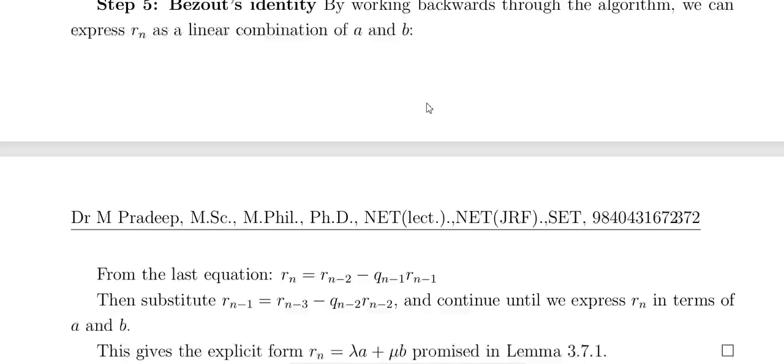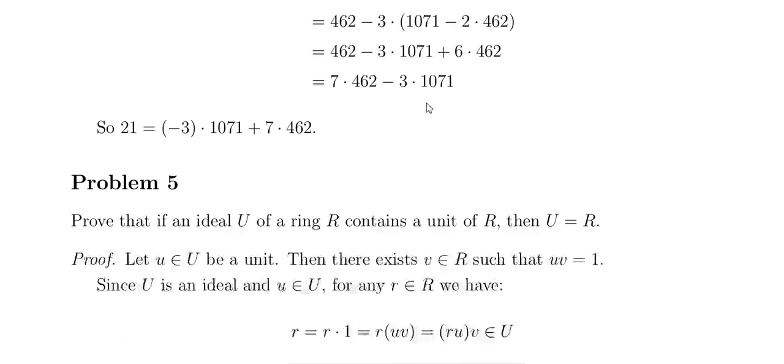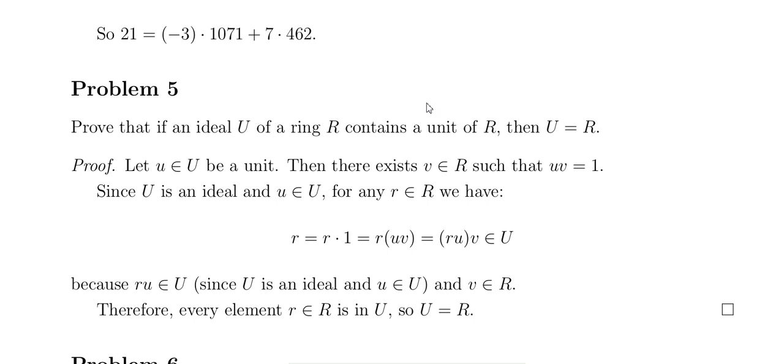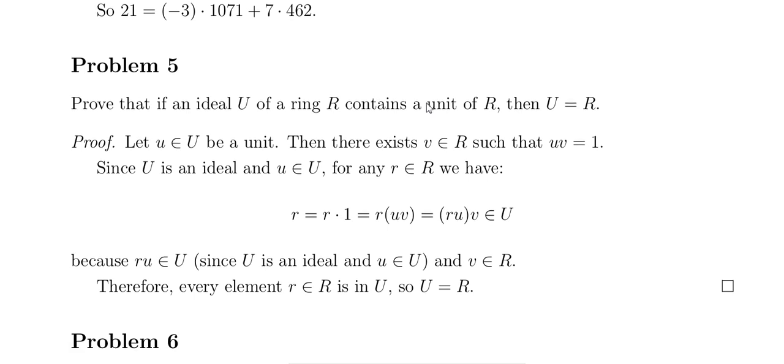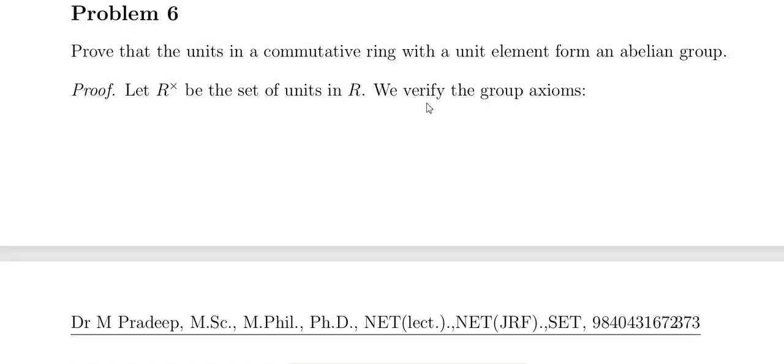I think it is in the 10th standard book; we discussed it very early, at the very start, already. If an ideal contains the unit element, then it equals R. The units in a commutative ring with unit element form an abelian group. Okay.